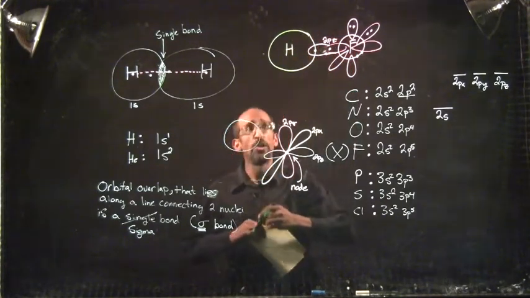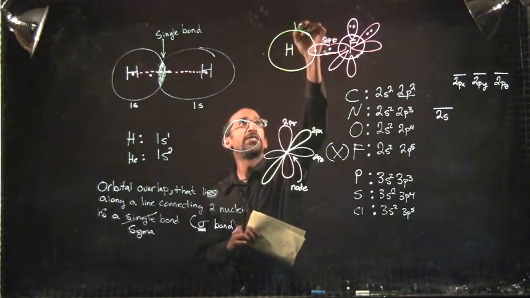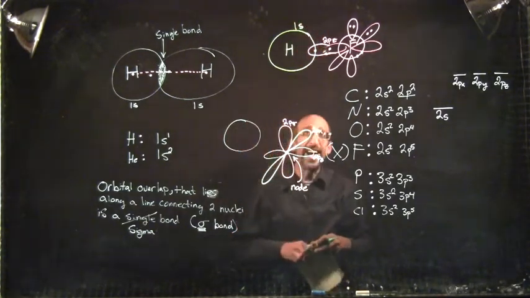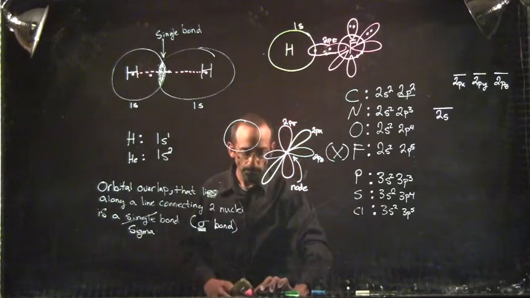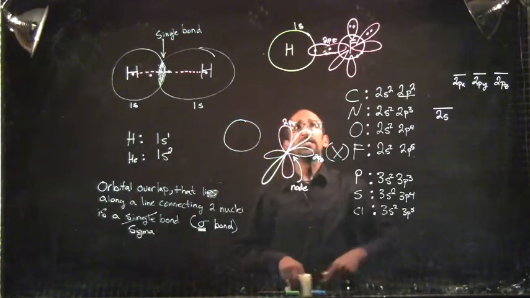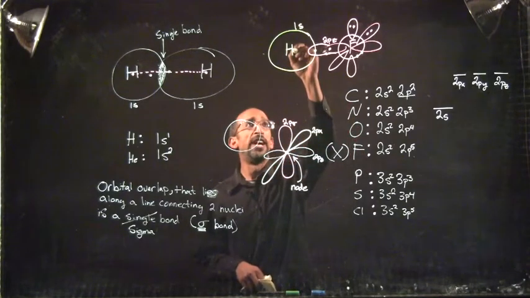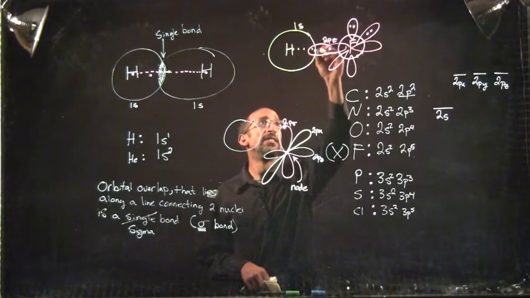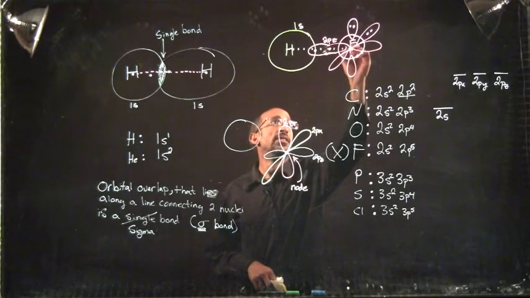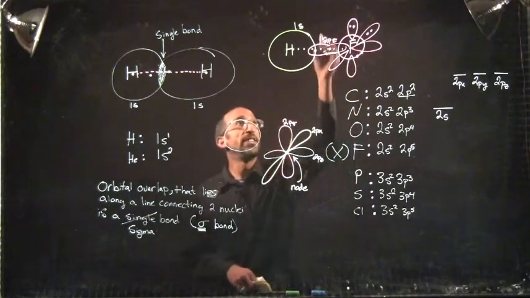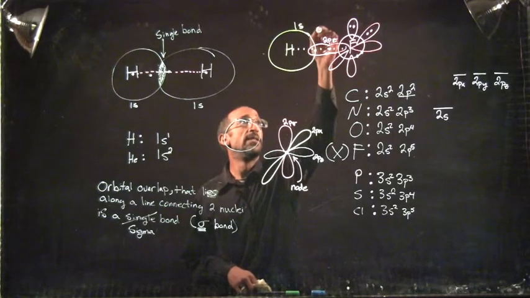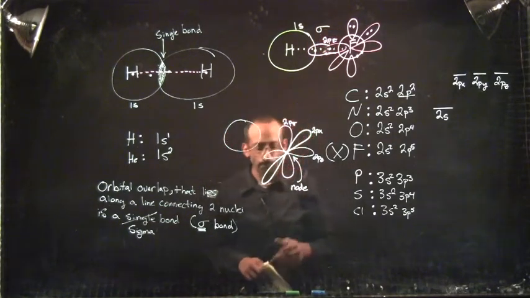Our hydrogen orbital is a 1s orbital. But once again, the orbital overlap that we have created lies along the line that connects the hydrogen nucleus and the fluorine nucleus. And so this single bond as well is a sigma bond.